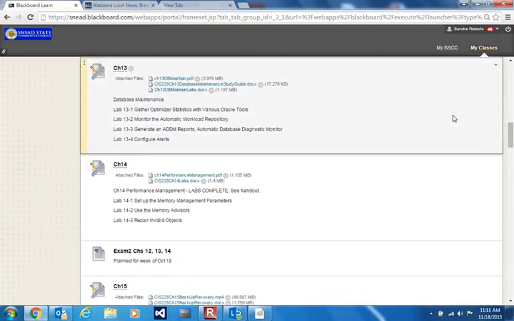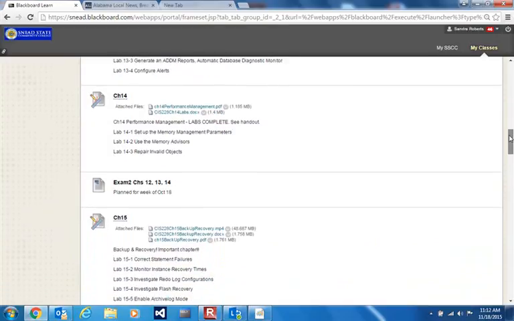Chapter 13 is maintaining the database, looking at the optimizer and the automatic workload repository, looking at automatic diagnostics, and then configuring alerts. And I think that would go along with a company fine-tuning your Oracle database and how the users use your database.